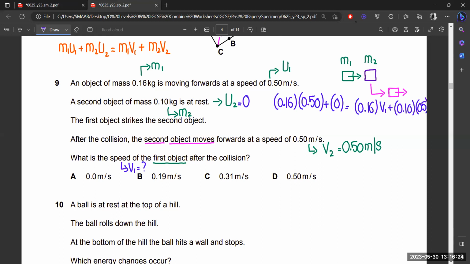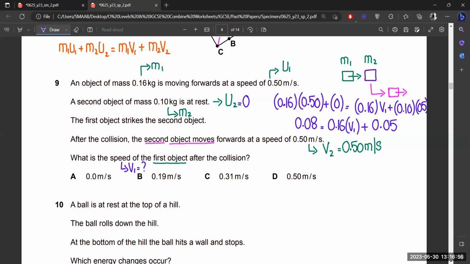So if we multiply on the left hand side, the quantity will be 0.16 multiplied by 0.50, which is equal to 0.08. On the right hand side we are getting 0.16 v1 plus 0.10 multiplied by 0.5, so we are getting 0.05.